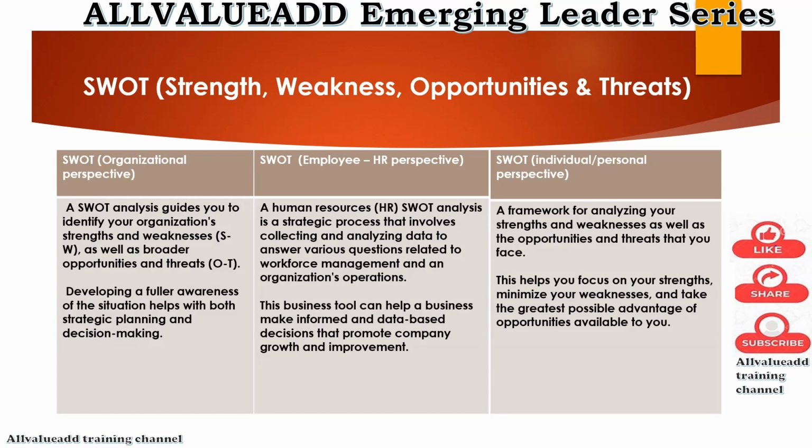Because it's a simple matrix, this tool can also be applied at an individual or personal level. It is like self-analysis: perform it and make a list of your strengths. Like maybe I am very confident, I have a lot of patience, I am quite attentive, I'm a quick learner. These are all your strengths, right? So I can write very well.